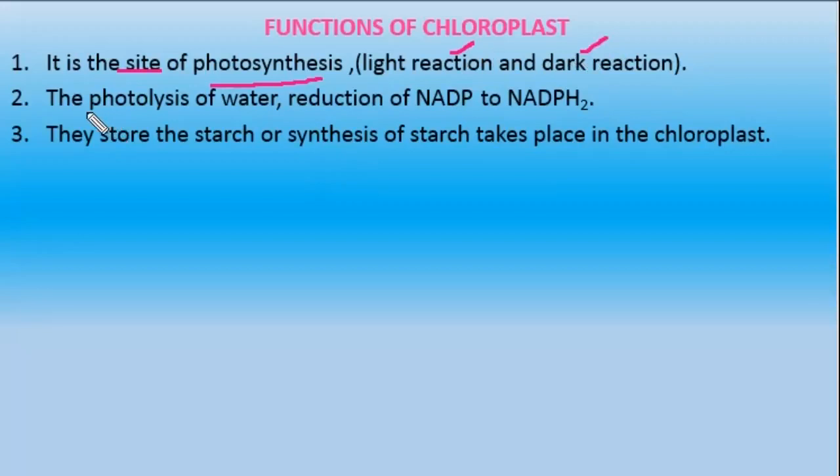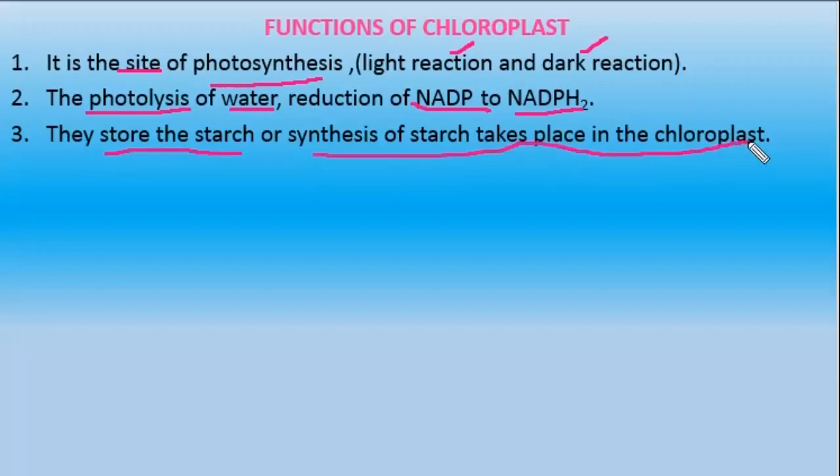During the light reaction, photolysis of water takes place, and also the reduction of NADP to NADPH takes place in the chloroplast. In addition, the synthesis of starch takes place in the stroma or matrix of the chloroplast, during the dark reaction. Hence the chloroplast stores starch.